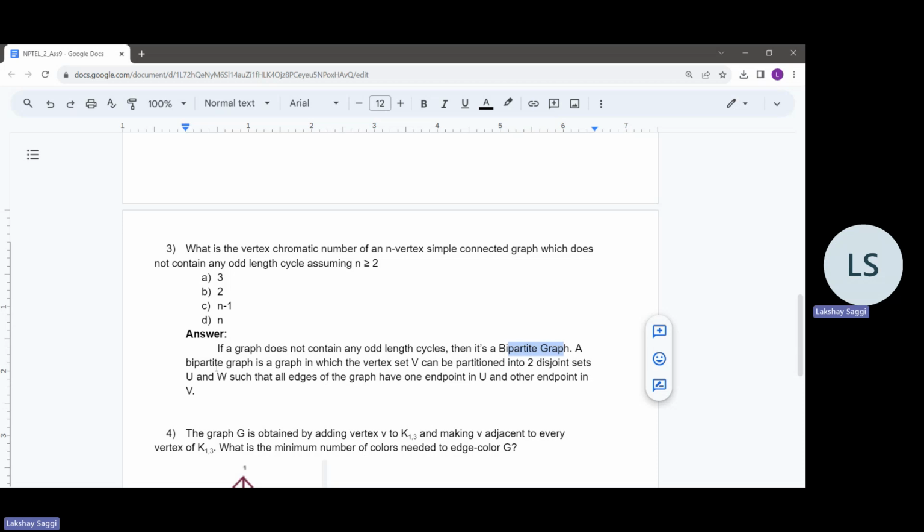Why does this help us that no edge goes between two vertices of U or two vertices of W? We can denote the graph like this. Let me just show you.